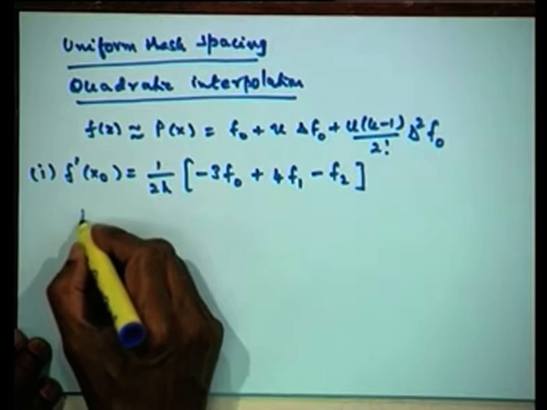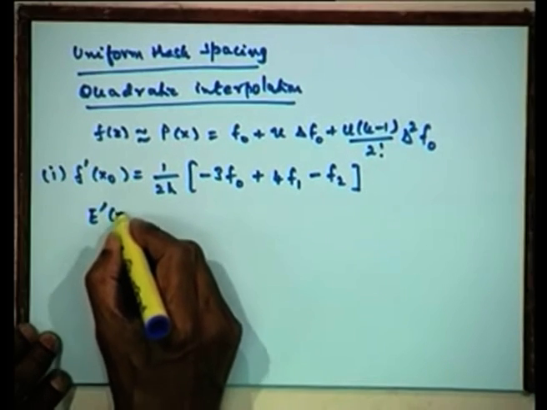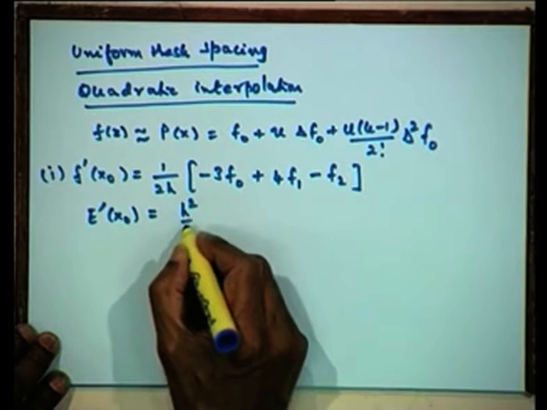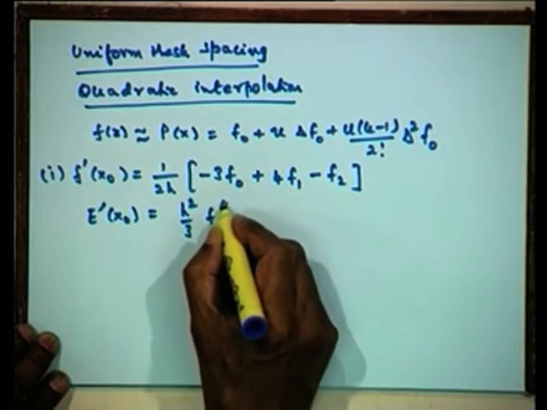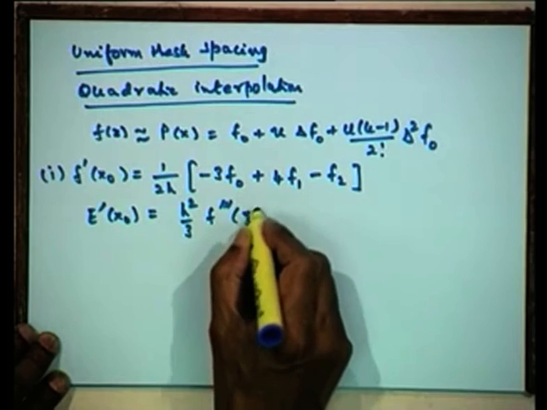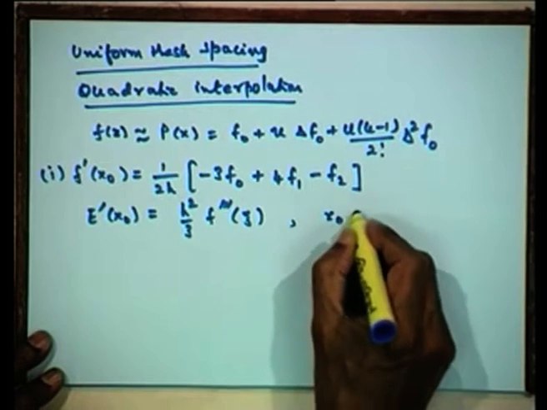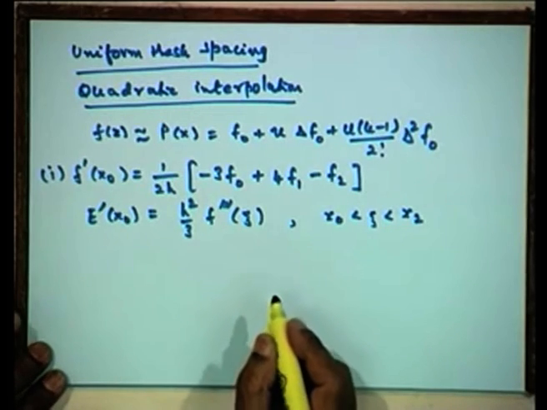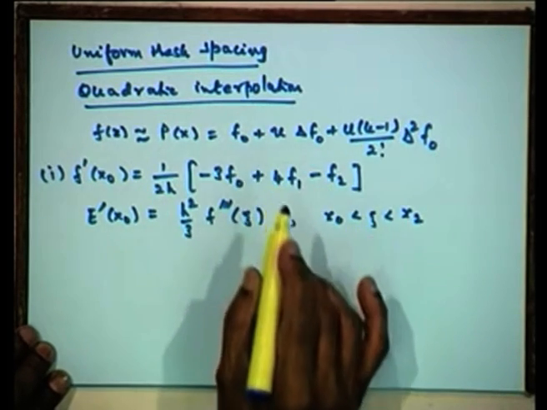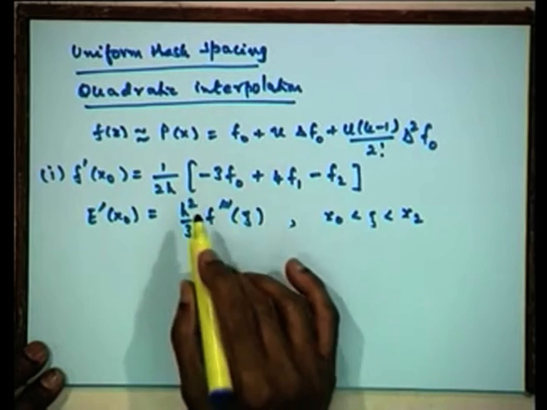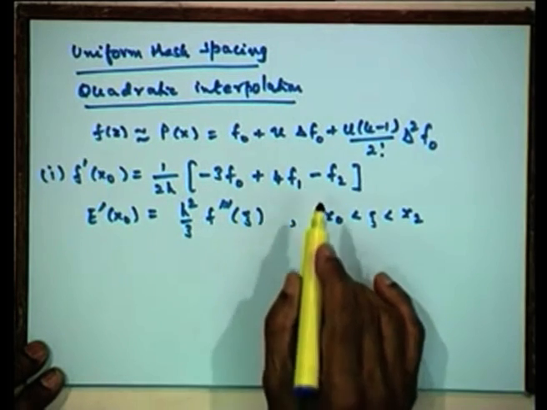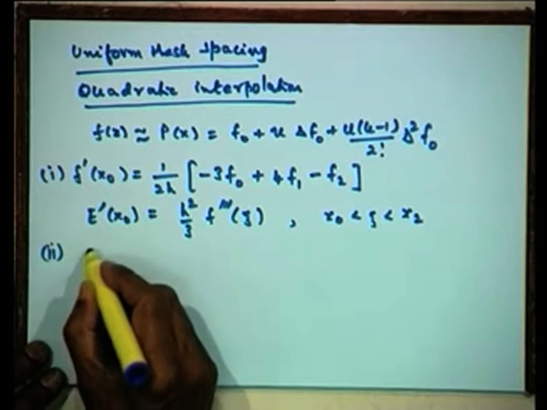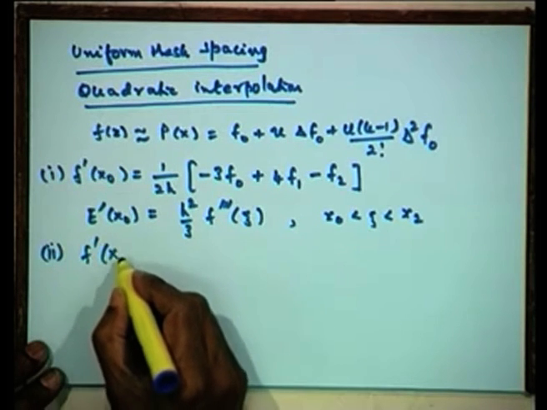The error at x0 we got as h square by 3 f triple dash of xi, with xi lying between x0 and x2. This is a quadratic interpolation, so we are using only 3 points: x0, f0, x1, f1, x2, f2.